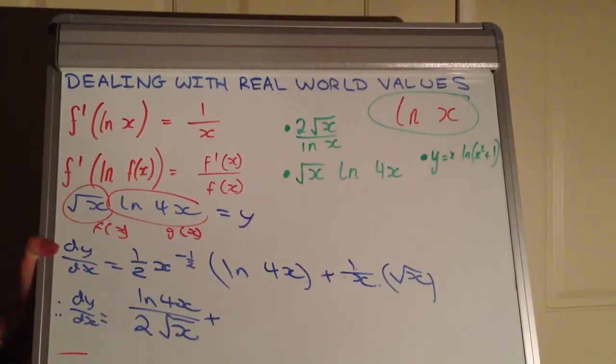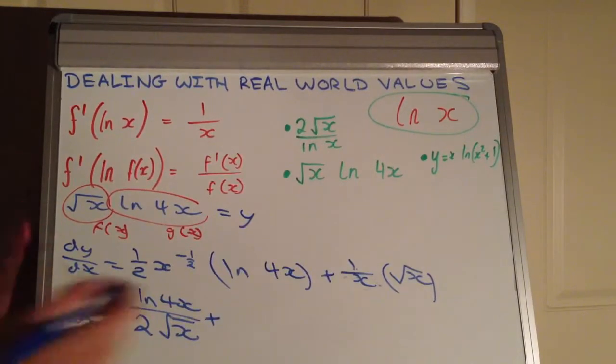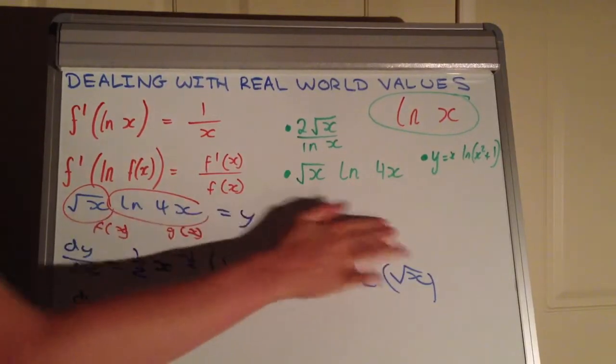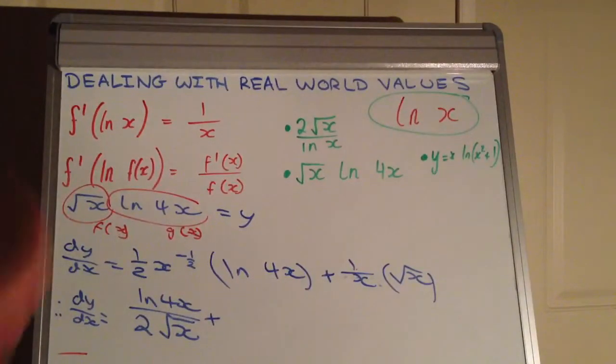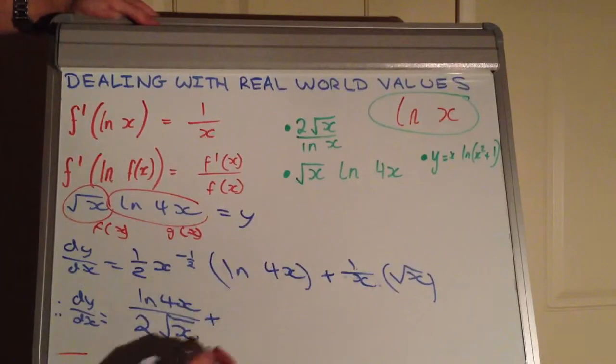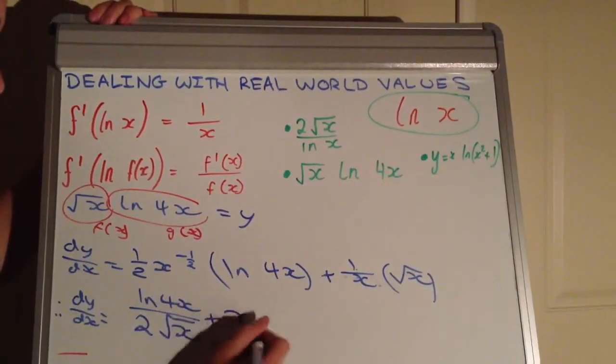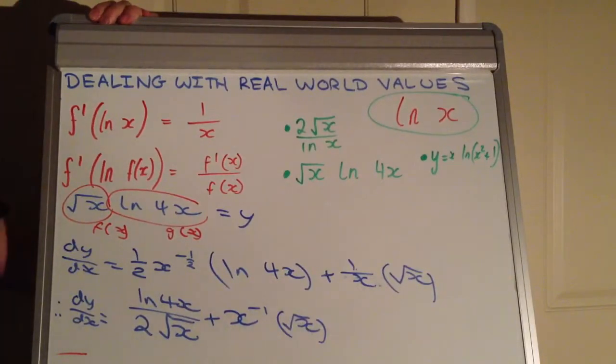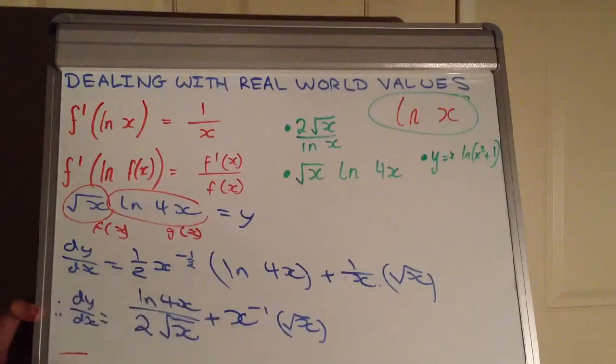Now 1 over x is the same as having x to the negative 1. And hopefully you'll recognise that based on the exponent rules that you should have learnt last year, or the year before last, or whenever you learnt them. So now we have x to the power of negative 1 multiplied by the square root of x, which is x to the power of a half.